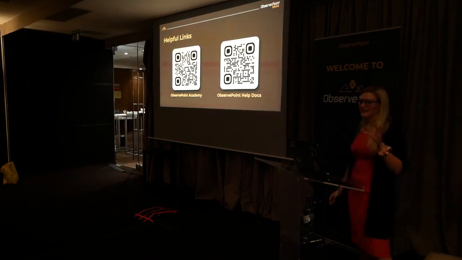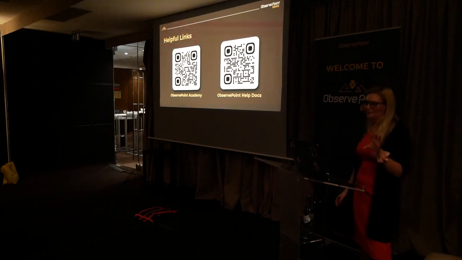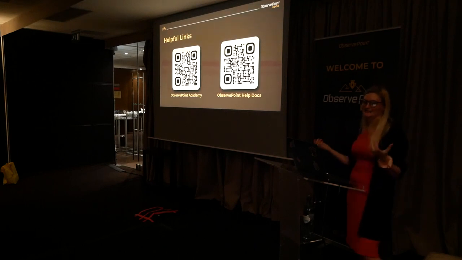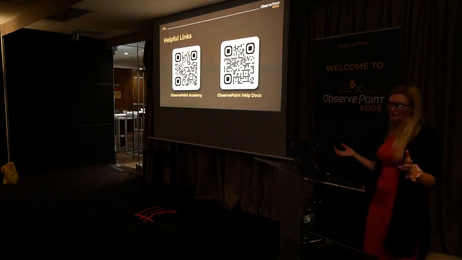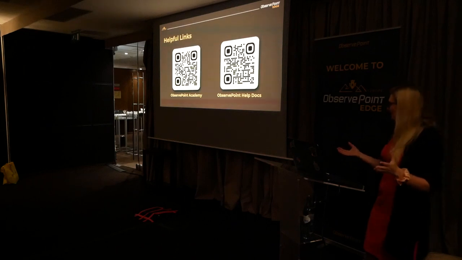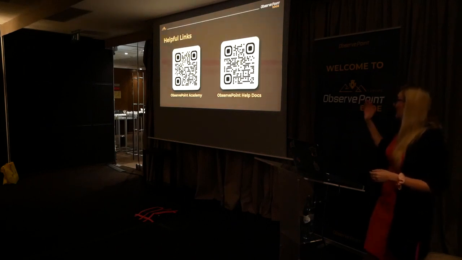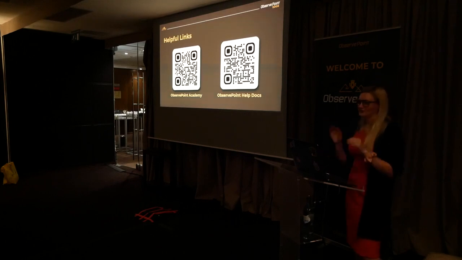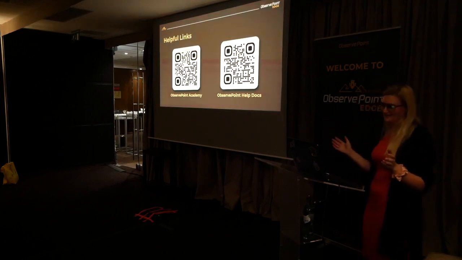It probably takes 4 to 6 hours depending on the path that you choose. If you're a beginner, highly recommend using this. It's a great way to get into the tool, get practicing, and pick up some key tips. And then you'll have loads of questions that you can ask your CSM off the back of it. We also have our help docs over here. So much information is in these help docs. You can just start typing a keyword to find the relevant article.